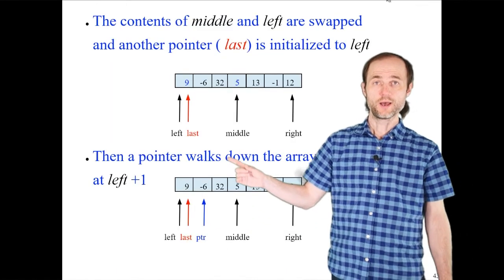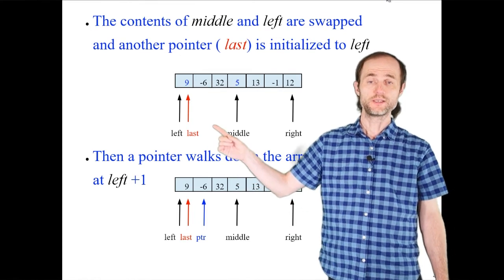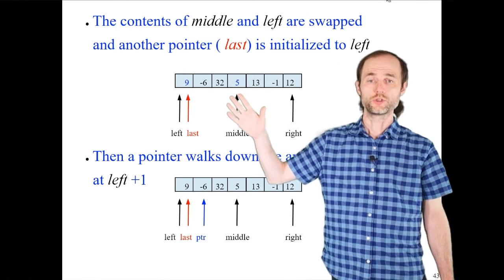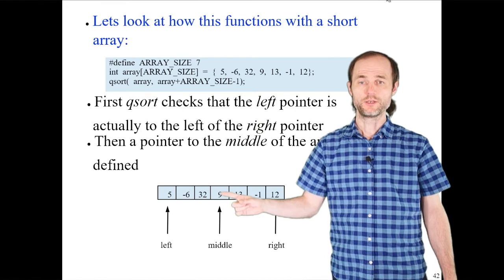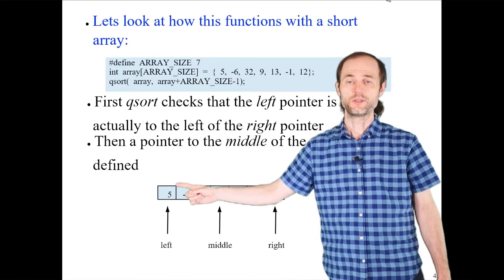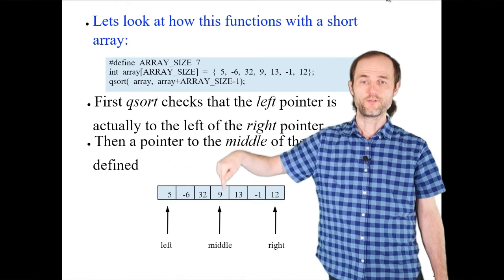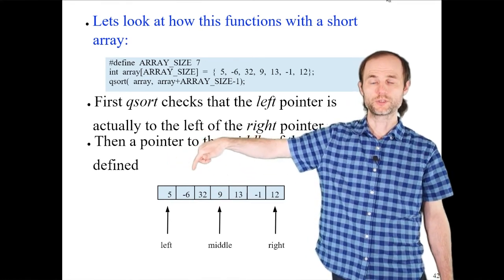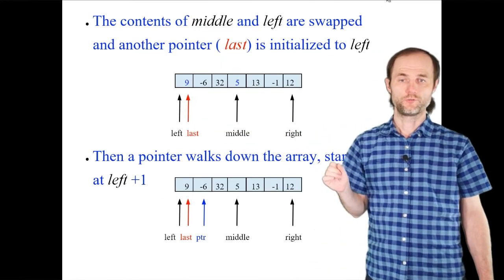So now that we have created this division, we are going to put the middle element, 9, into the leftmost compartment and put the 5 in place of the middle element. So we're going to swap these two elements, which is precisely what you see here, the result of the swap.